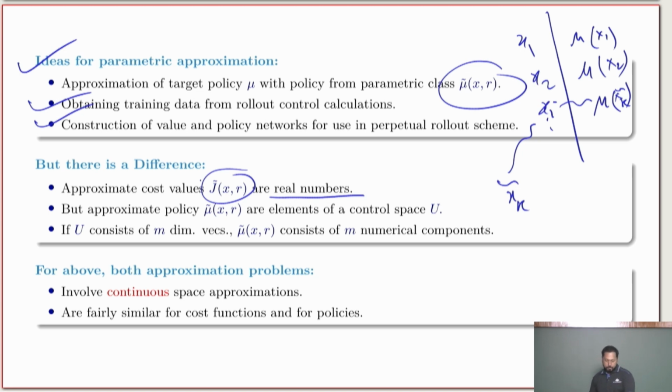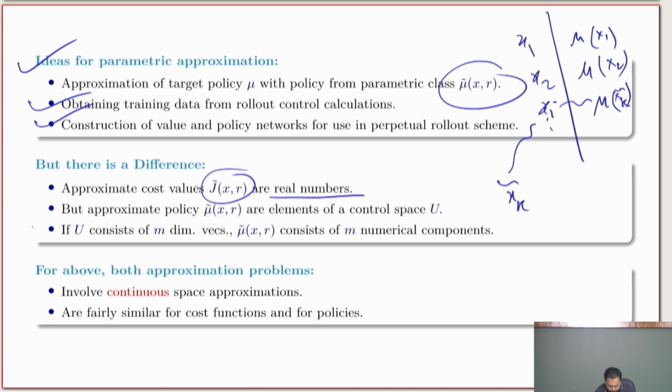So this is something you have to decide. This is not a statement that is valid for all cases, but typically costs are real numbers, so it will be a regression problem, and policy approximations will be a classification problem in general.